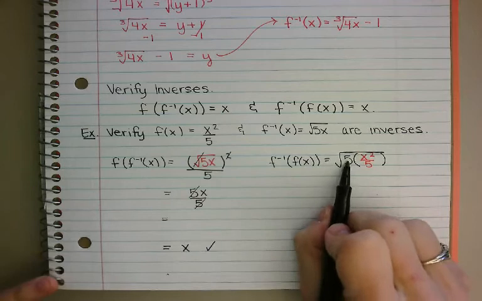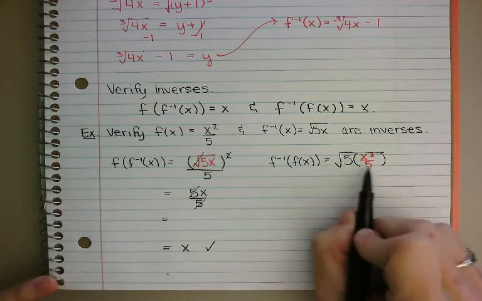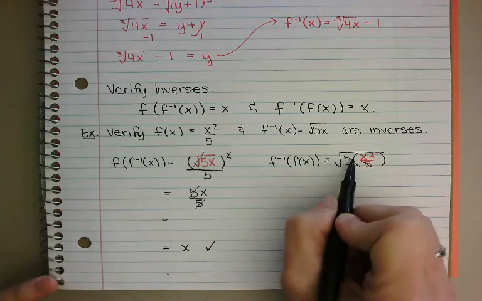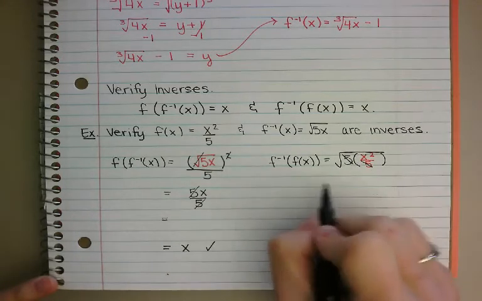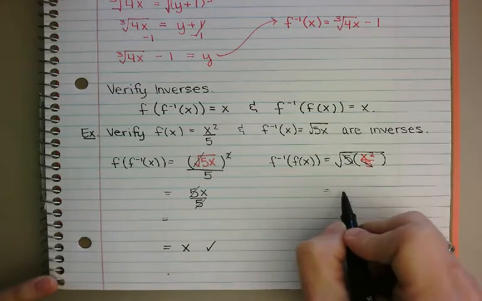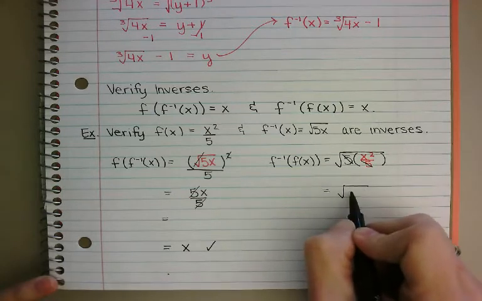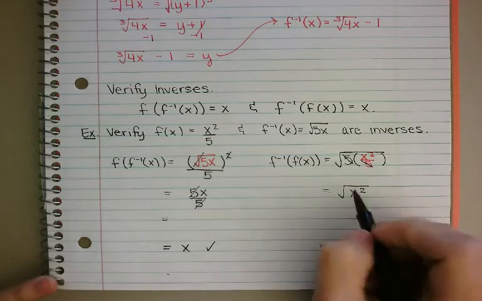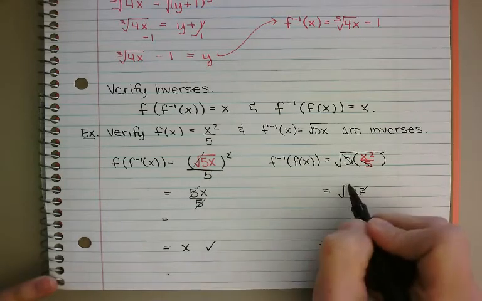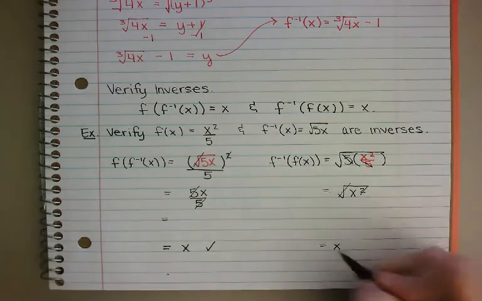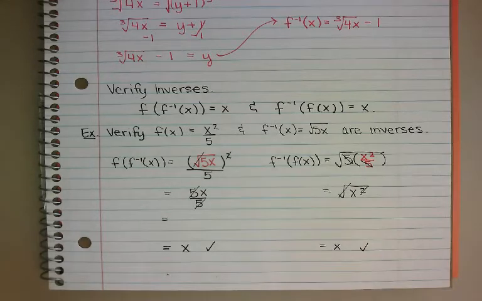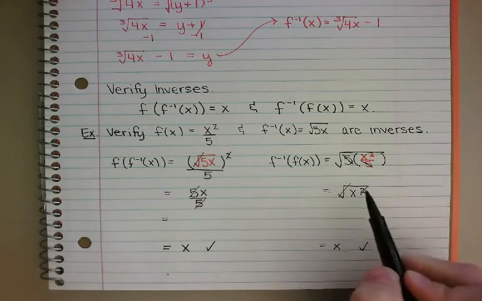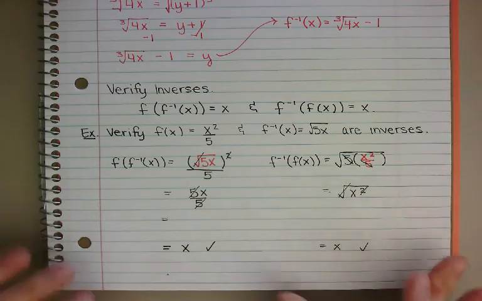So if I'm taking 5 times a fraction, and I have a 5 in the denominator, this 5 is going to cancel out with that 5. So that's going to leave me with the square root of x squared. And now I can simplify that the square and the square root are going to cancel, and I just now have my x. Okay? So you should only have one thing canceled in each stage.